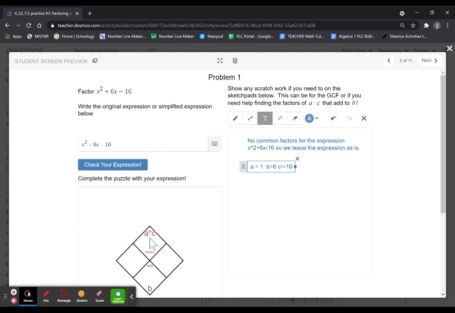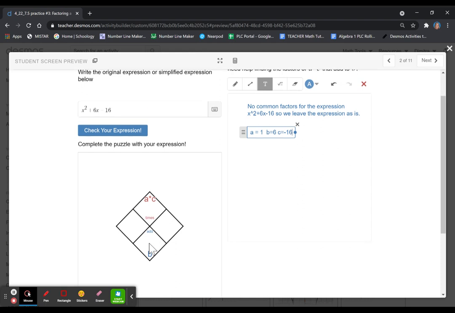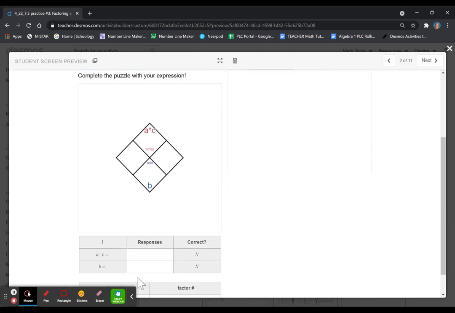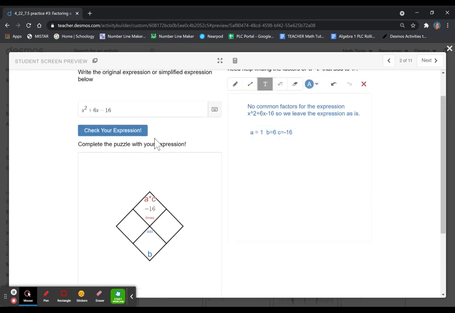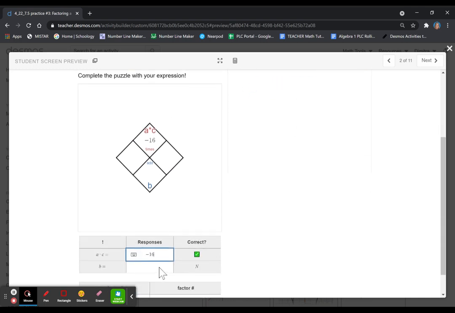So for my puzzle, I'm going to complete A times C. So 1 times negative 16 is negative 16. So that's going to go right here. We got this green check. Our B term is 6, so we're going to put the 6 there. And as we put it in this table, it'll populate in the diamond here.